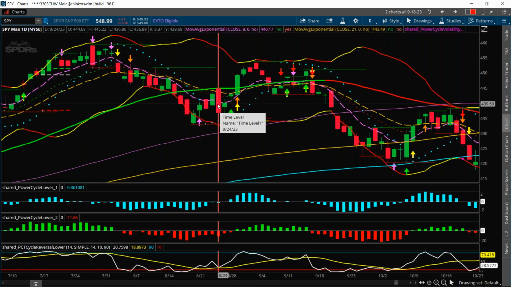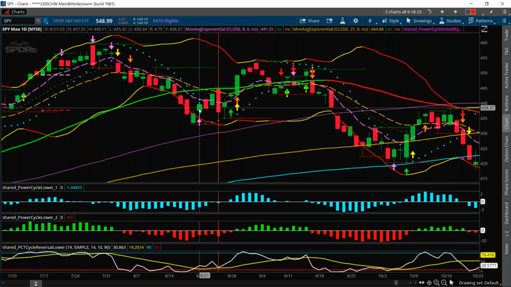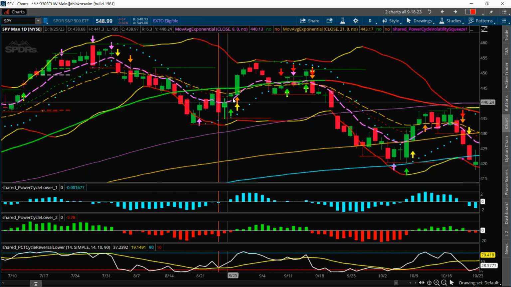Here it got in, the seasonality was in right here, the 21st. Here was the seasonality trade, right there. You can see it actually had a pretty good move up.